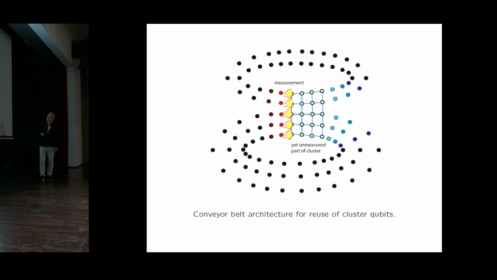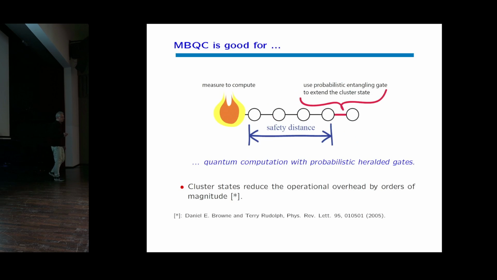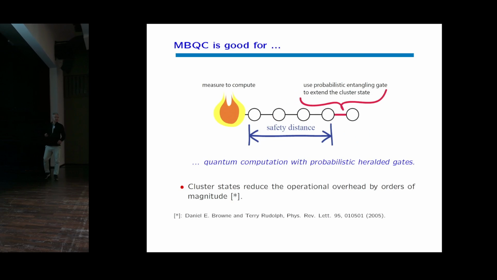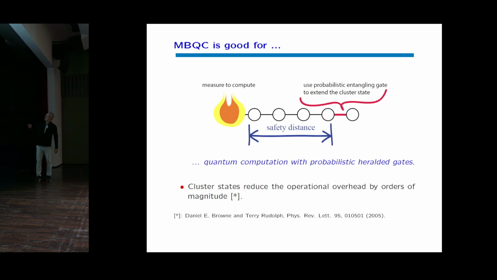Mostly it is useful, although I'm not going to go into it today, in schemes of computation where you have probabilistic heralded gates. Yeah? So this is KLM. So if you're thinking about quantum computation with photons, then you would have to think about probabilistic heralded gates. So what this means is the gates sometimes succeed and sometimes fail, and they tell you what they do. So that is a kind of a benign form of error, but it's bad enough.